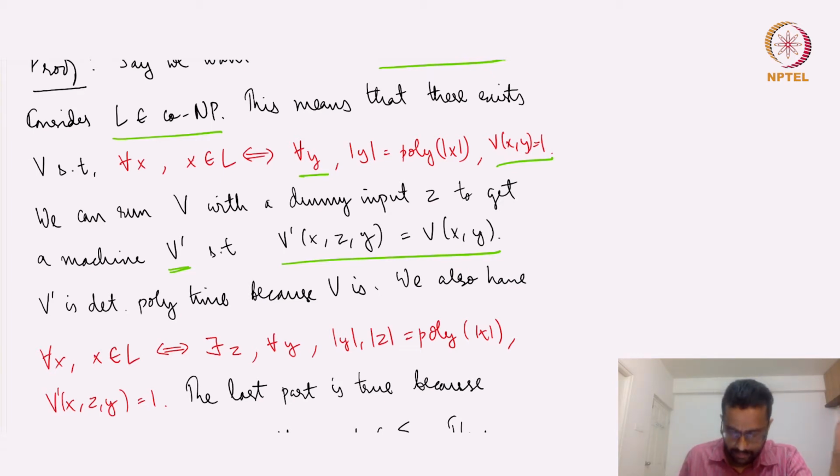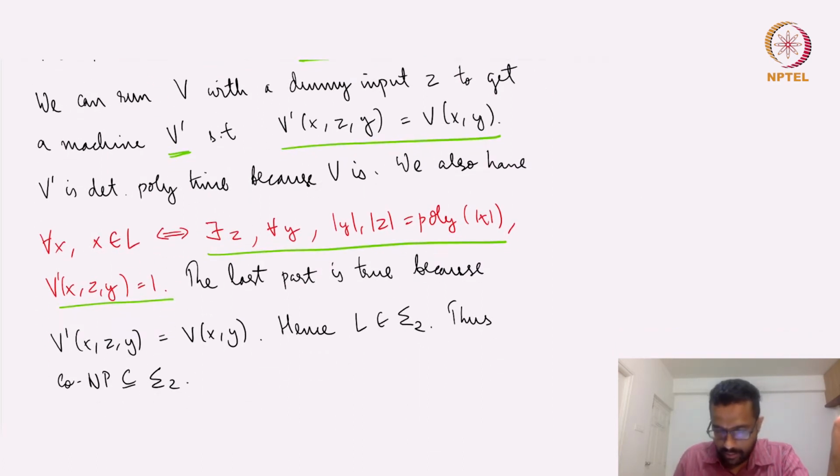Now we can say this, x is in L if and only if there exists z such that for all y, V'(x, z, y) equals 1, right. This is true simply because z simply does not matter here.